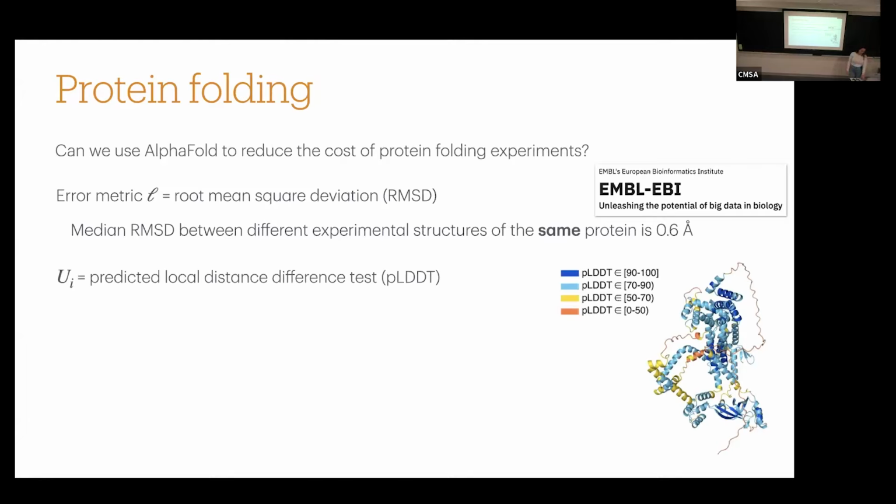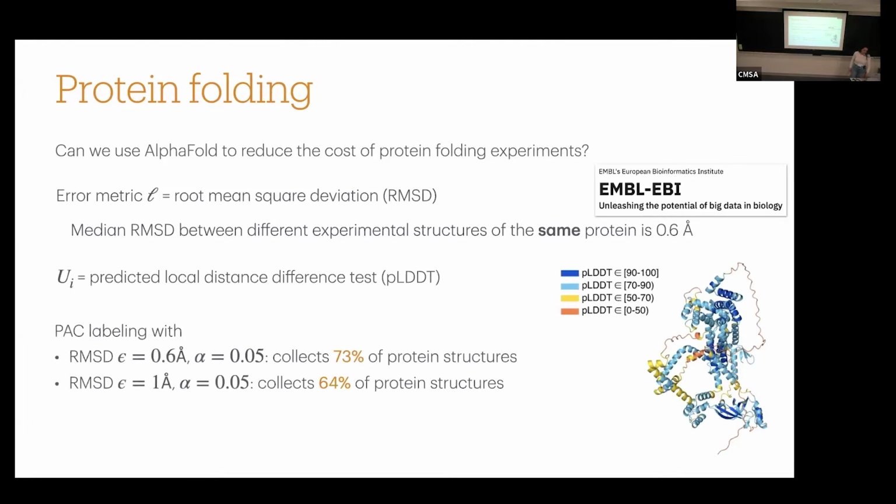So we're just going to use those for our uncertainties. And if we run PAC labeling with RMSD of 0.6, and the error probability is 5%, then we're going to collect about 73% of protein structures. So we're going to save about 27%.